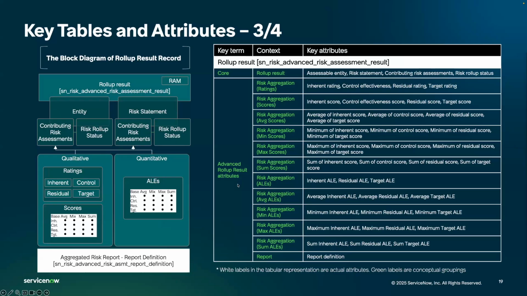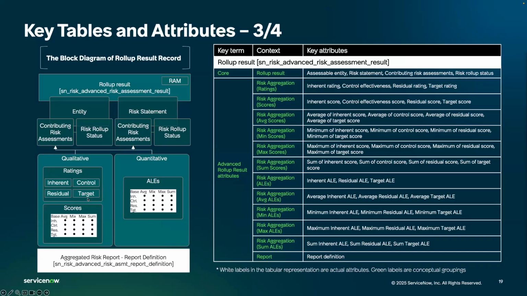The aggregation categories. Two columns that matter here are qualitative and quantitative. On the left-hand side, qualitative, this includes ratings for inherent, control effectiveness, residual, and target.